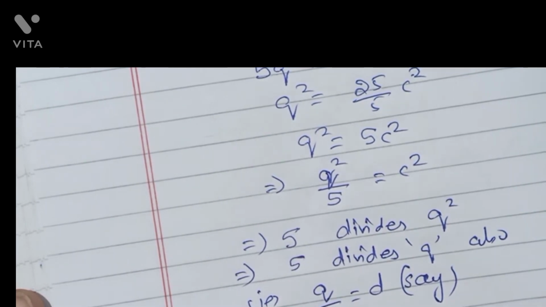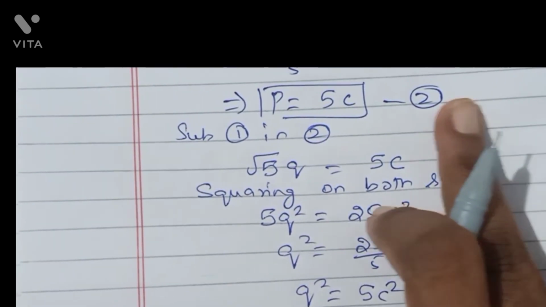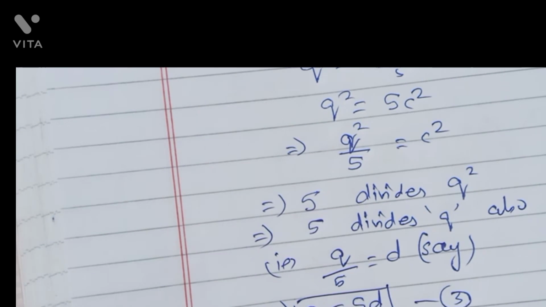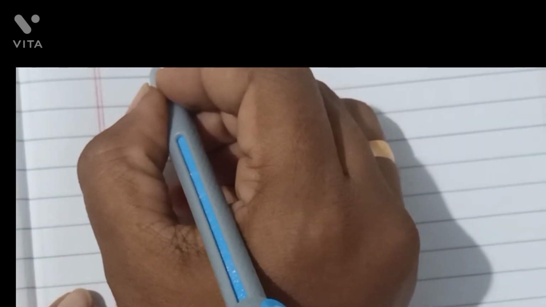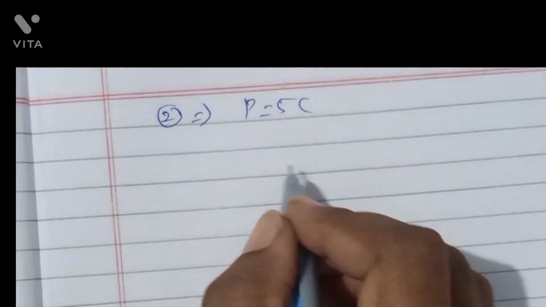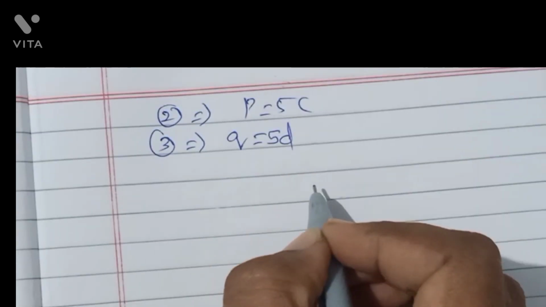Mark this as equation 3. Now consider the second equation and the third equation. The second equation is p is equal to 5c, and the third equation is q is equal to 5d.